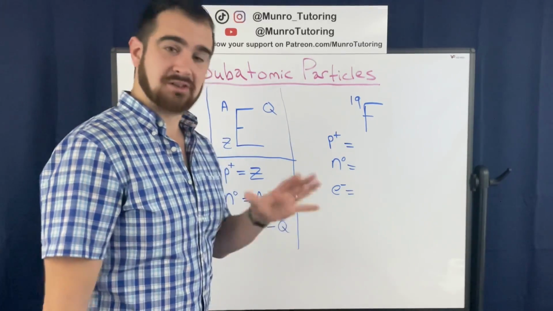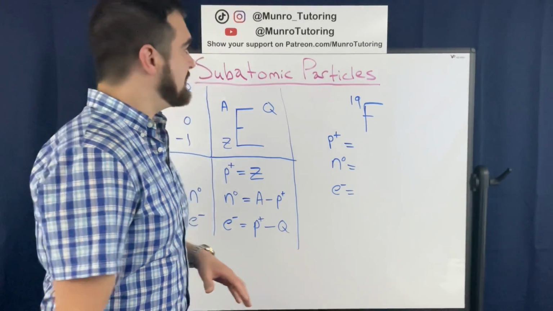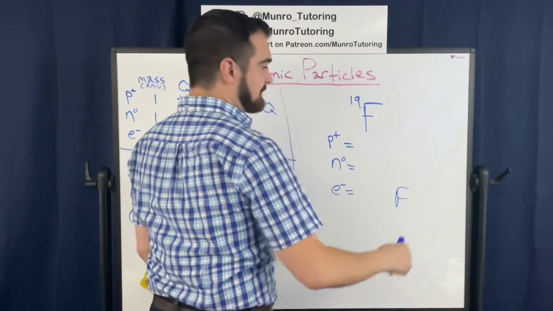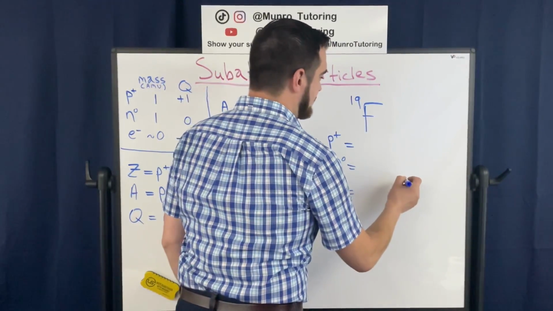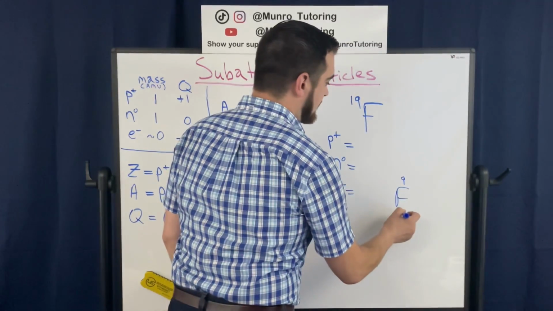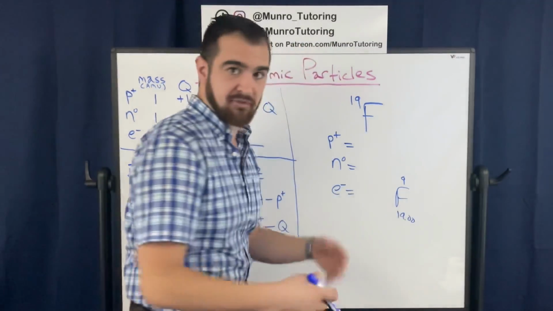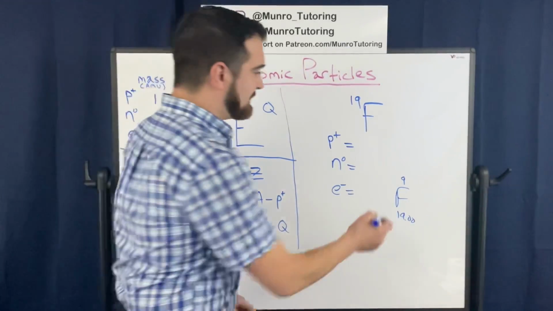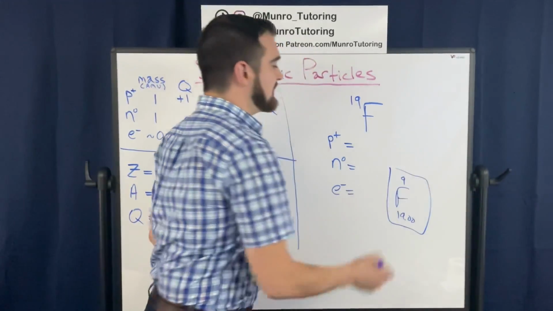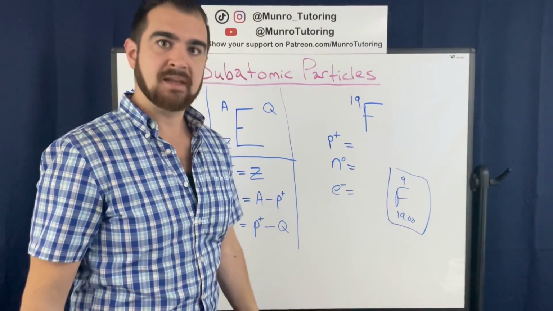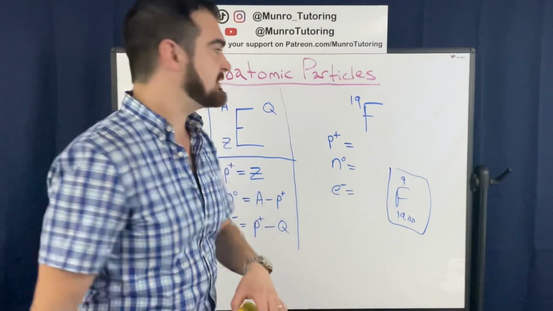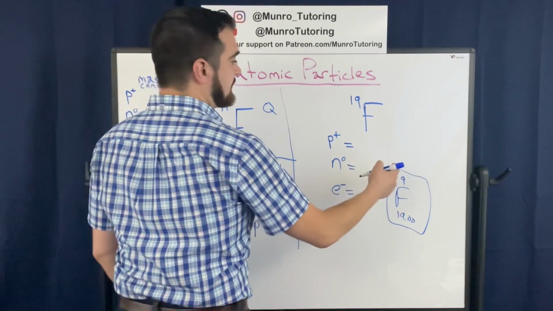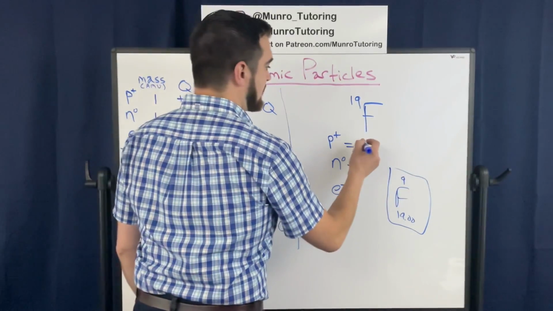So you just go to the periodic table, and you're going to see fluorine on the top right side, and it's going to have a number 9 on the top, and then a 19.00, or however many decimal points your periodic table gives you. On the periodic table, the top number is the atomic number, and that's our number of protons, okay? So we immediately know from our periodic table that the number of protons and the atomic number are 9.